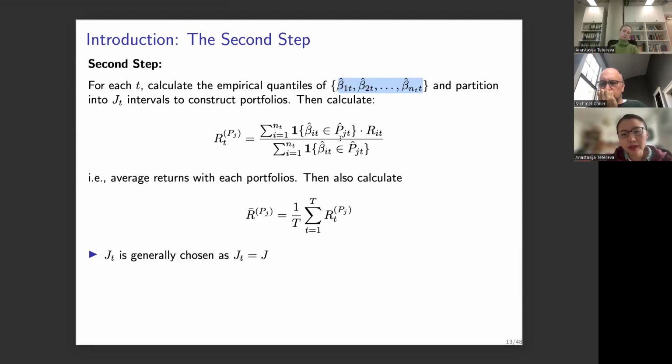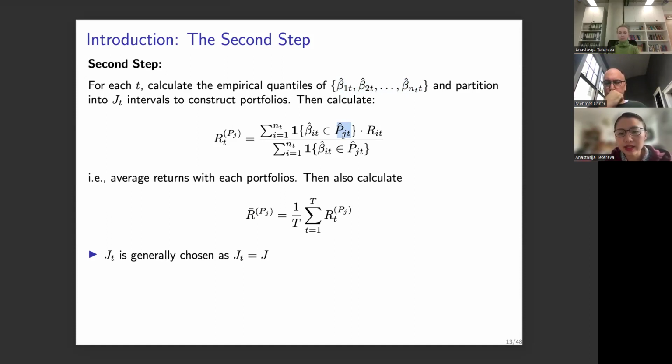Once we fix the portfolio, we can take the average returns of the stocks in a certain portfolio J. The interval C_Jt is estimated from the order statistics of the betas; the upper and lower bounds of this interval are exactly order statistics of the betas, depending on how many portfolios you select.